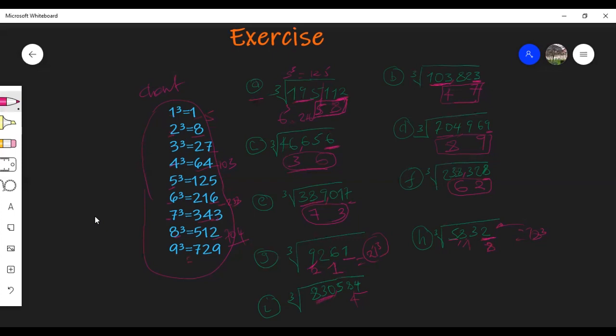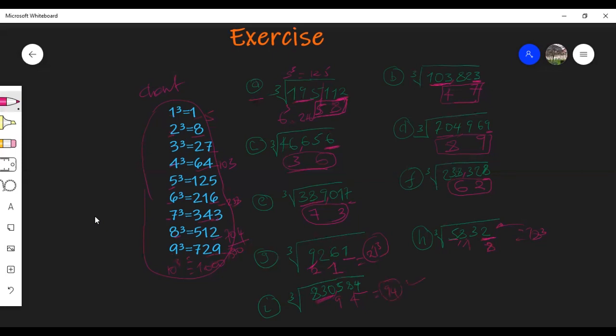It's more than 729. But you also know that 10 cubed gives you 1,000. So that means 830 lies between 9 cubed and 10 cubed. And therefore, you will take 9. It's lower. So for 830,584, the cube root becomes 94.